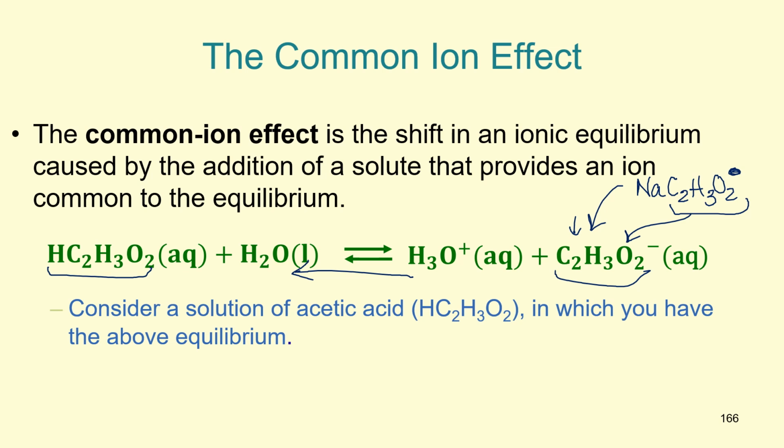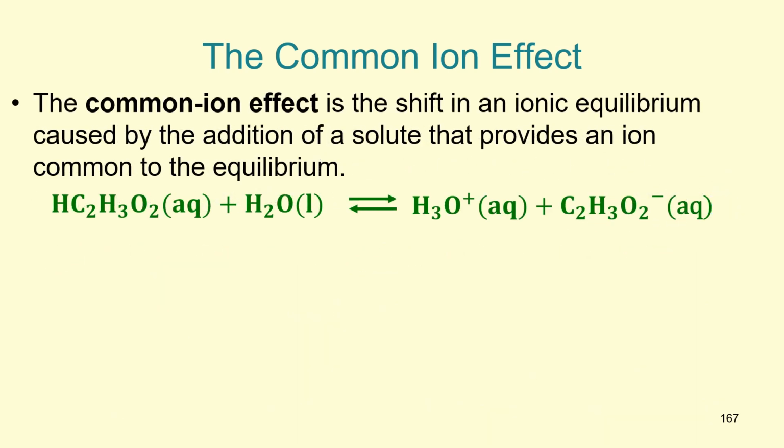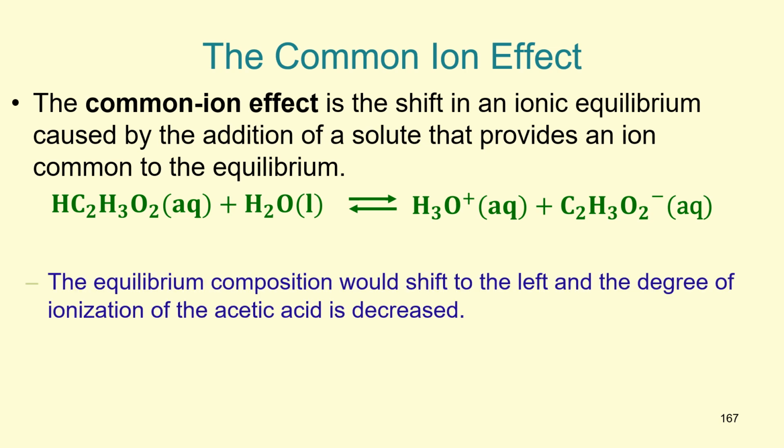So if you add a common ion, the equilibrium shifts, and because it's an acid, it will become less acidic. So that's the common ion effect. It's a shift to the left because of adding a salt that has the common ion.